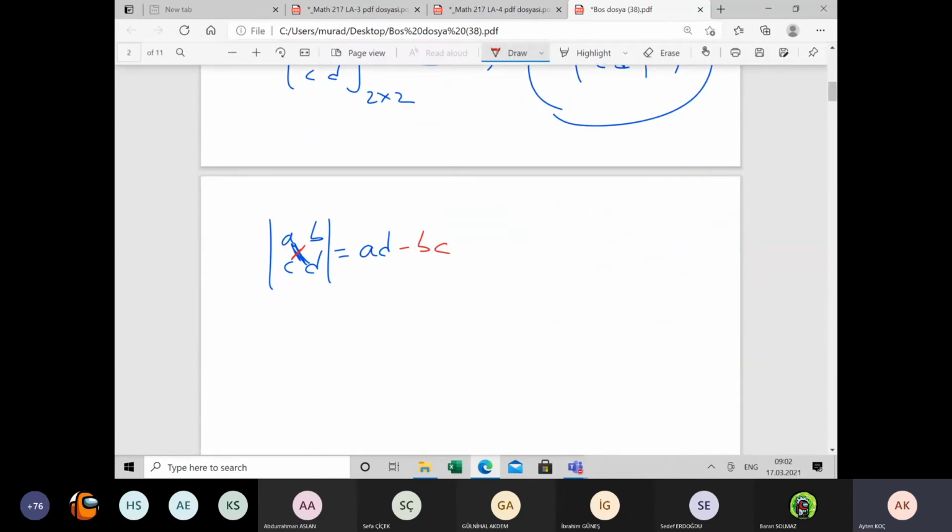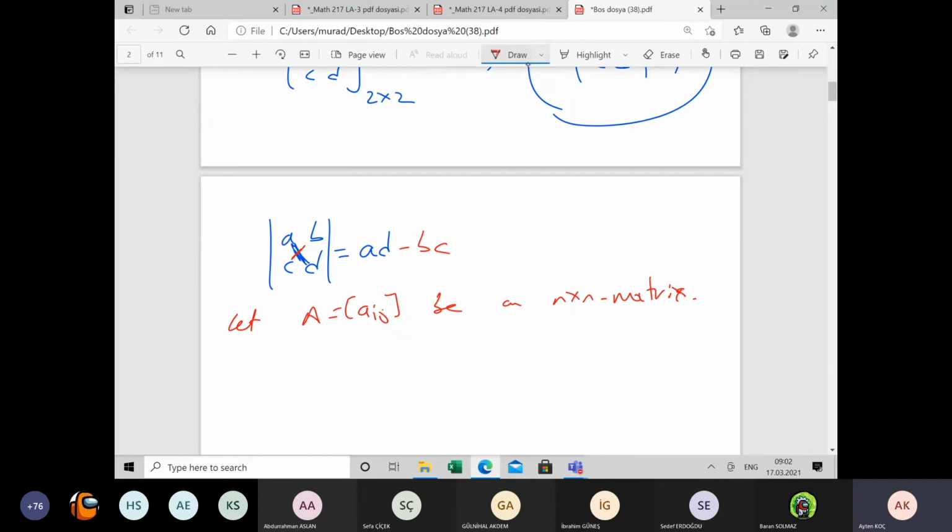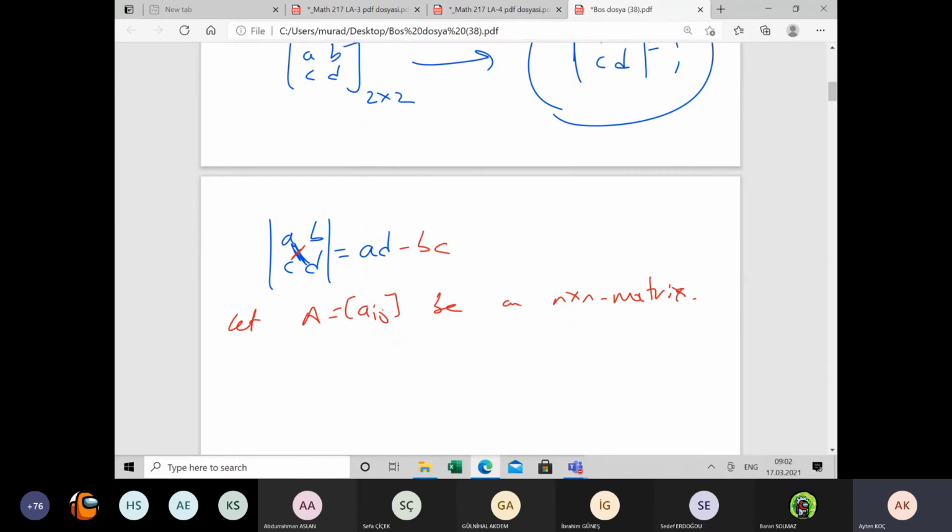We claim that, for example, let our matrix A be denoted by this notation: the i, j entry, an n by n matrix.